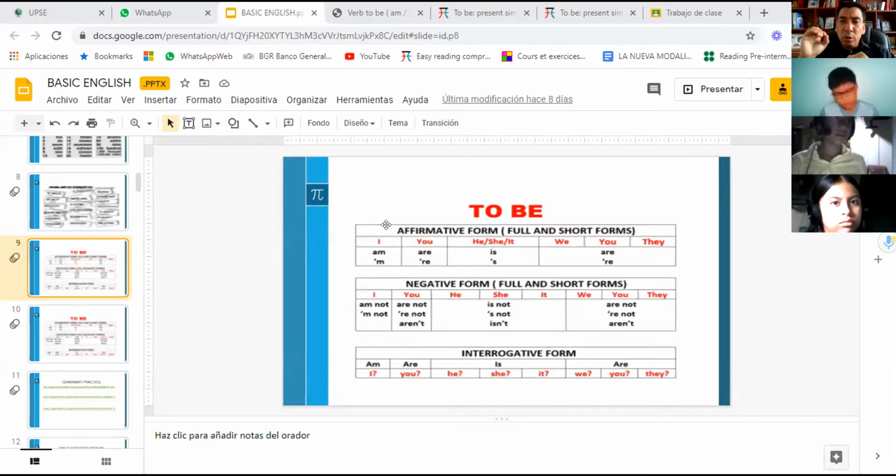If you know the verb be, the rest is going to be very simple. If you don't know the verb be, the rest is going to be complicated. So today, 1 hour and 15 minutes, 1 hour and 30 minutes, we're going to dedicate to study, review, and practice the verb be.